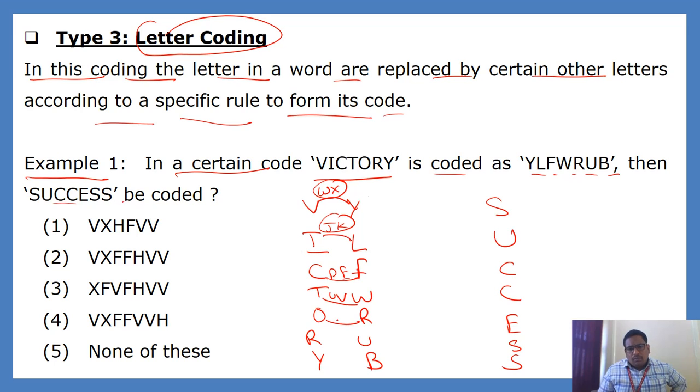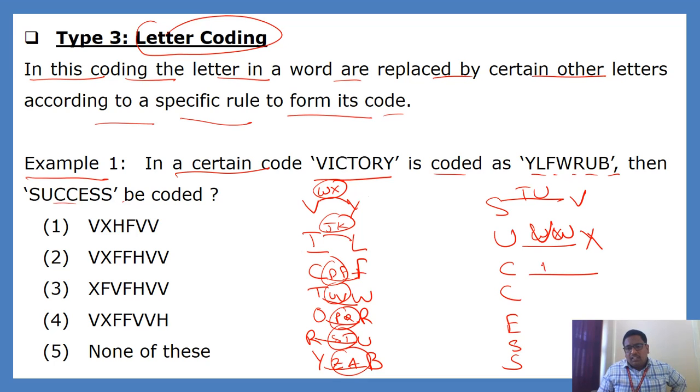STUV, next OPQRS. So the entire letters of the given word follow the same pattern. Similarly, go for a two-letter jump. S T U V, sorry, V W X will come.